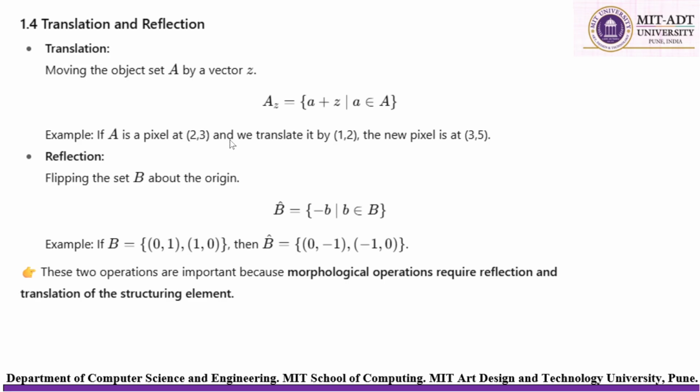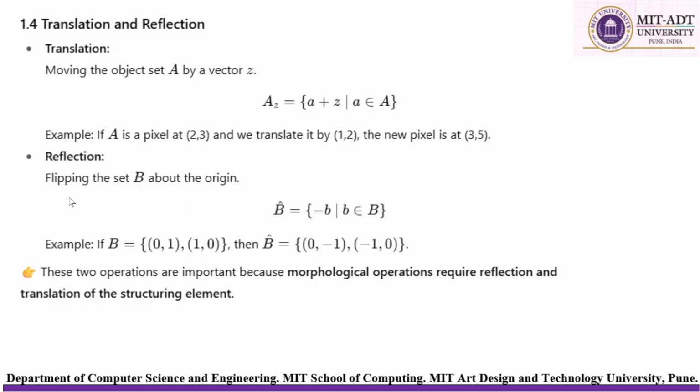This is called positional translation, or positional movement, of a particular pixel. The output will be 2 plus 1, that is 3, and 3 plus 2, that is 5. So after moving the object of set A by 1 comma 2 from the pixel position 2 comma 3, the translation result gives you the new pixel at 3 comma 5.